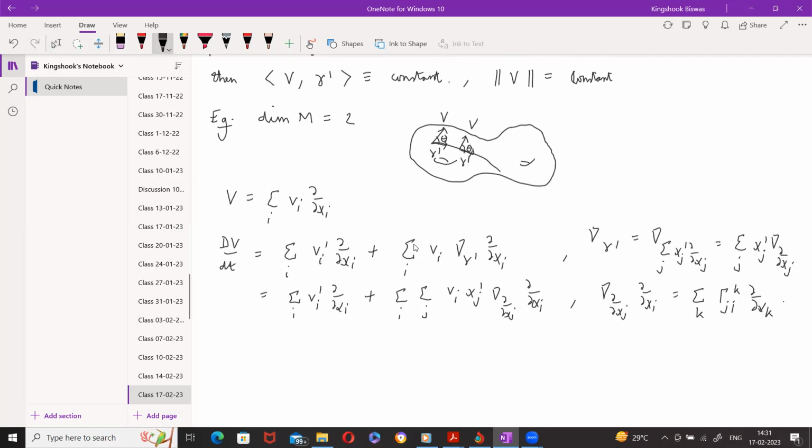Once I substitute this in and regroup terms, notice one thing: nabla del/del xj of del/del xi is the same as nabla del/del xi of del/del xj, because by symmetry of the Riemannian connection, the difference between these two is equal to the bracket of del/del xi and del/del xj, and that is 0.